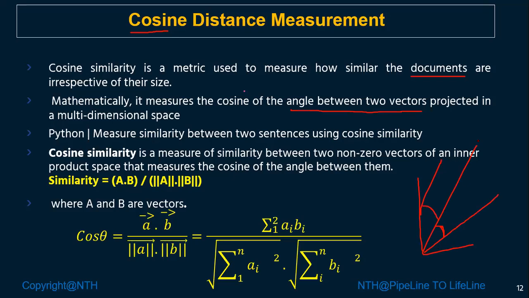This is document 2, this is document 1, isn't it? This is document 0, isn't it? So the question is whether this document 1 is closer to document 0 or document 2. Obviously this angle would give you that D1 is very close to D0.